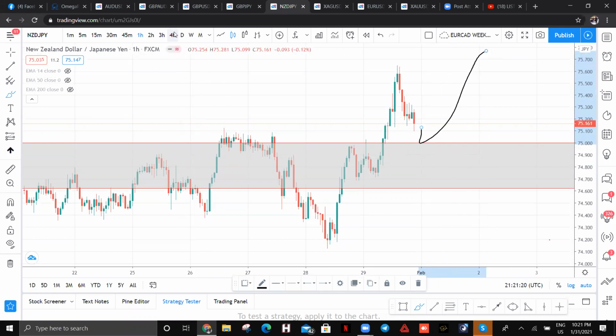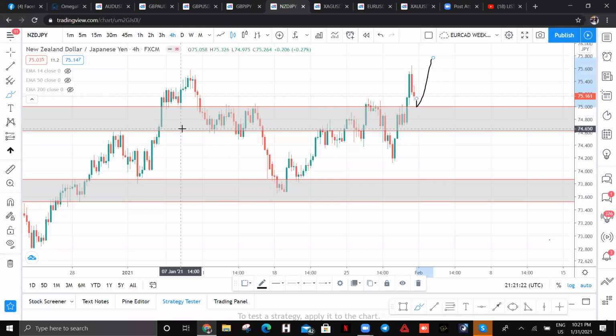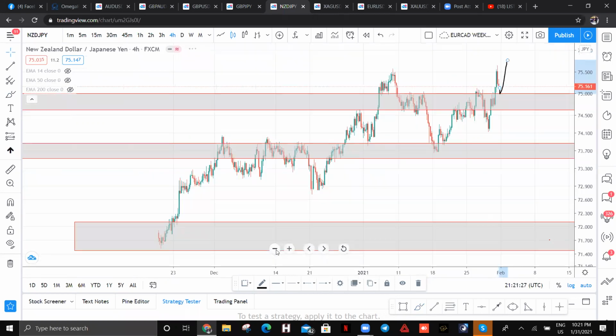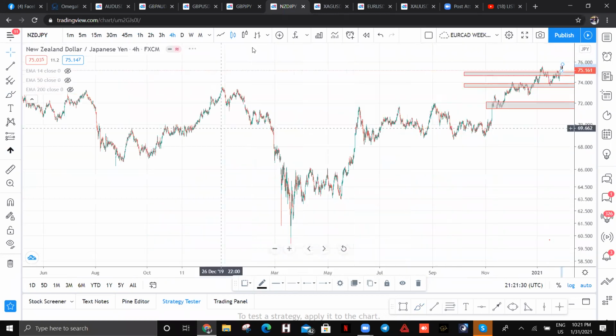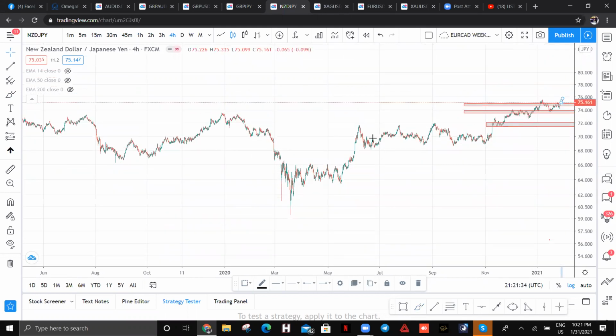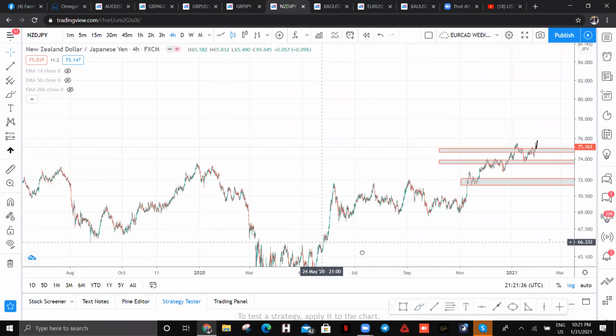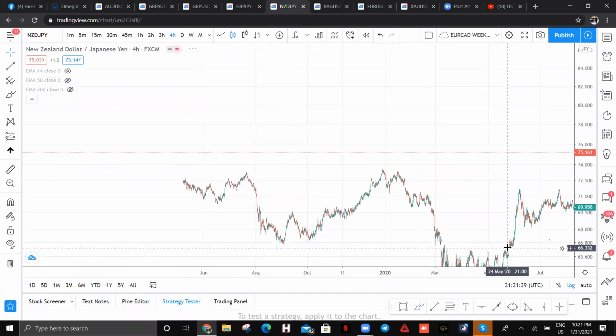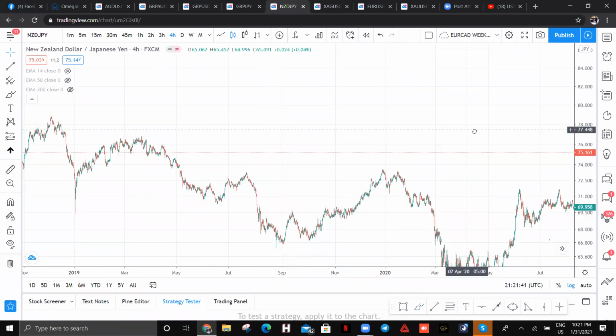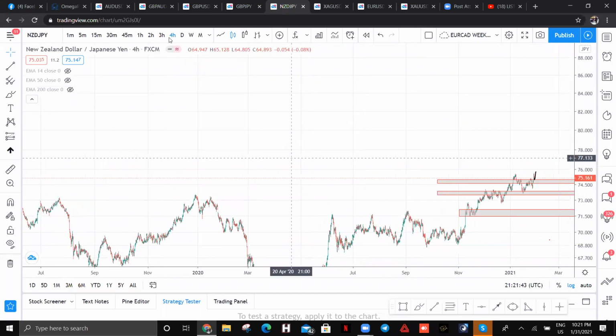Let me go to H4 and determine the next TP, because the next TP is the next zone where the price is going to go to. So you can't just be drawing, you have to check. Where's my price? Oh no, I don't want to do it like this. Okay, let me use D1.